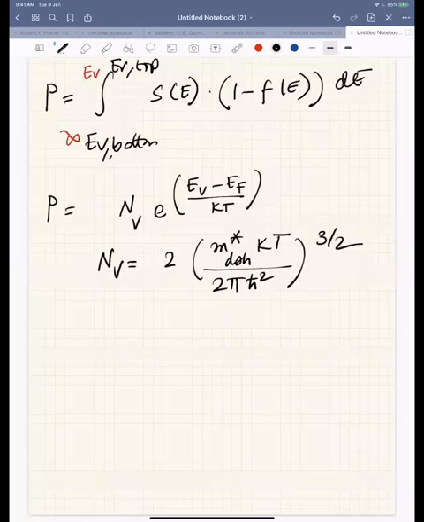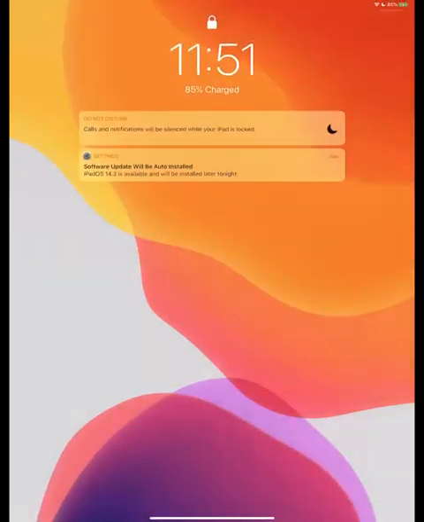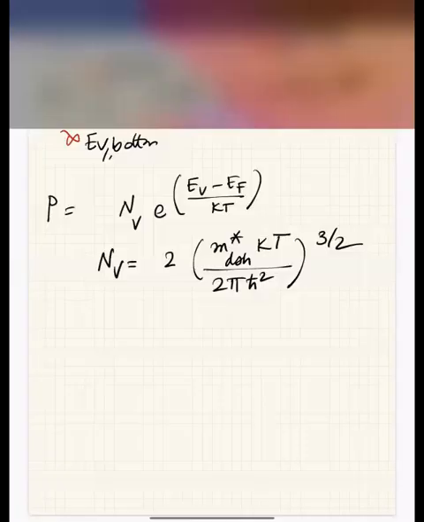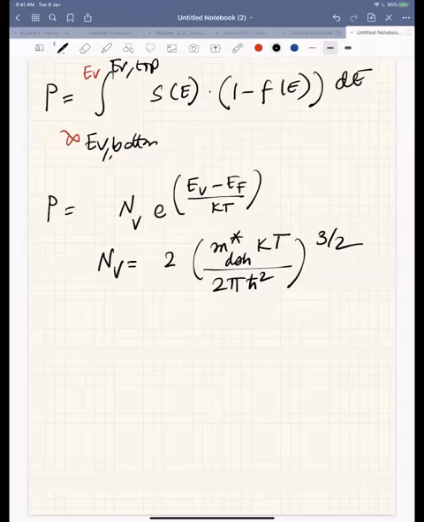Similarly, if you flash light on the semiconductor, the electrons in the valence band can get enough energy to go to the conduction band, and they leave behind holes. So the number of holes in the valence band is always equal to the number of electrons in the conduction band for an intrinsic semiconductor.